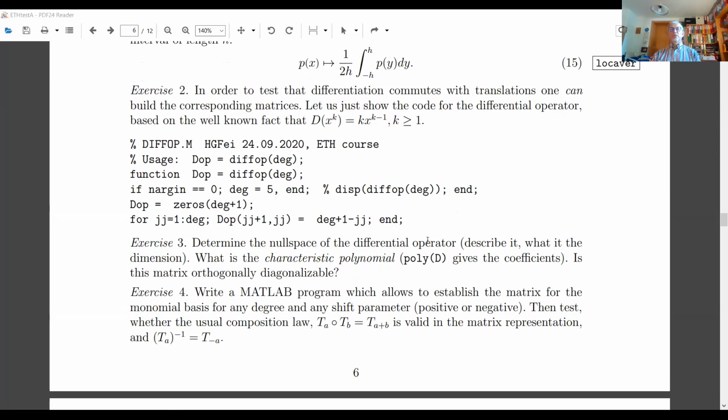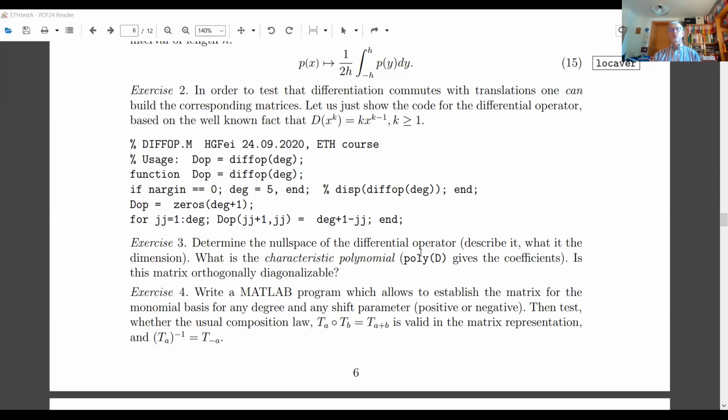Next question that I would like to ask you is, what can you say about the null space of this differentiation operator? What are the functions, the cubic polynomials, such that the derivative is 0?